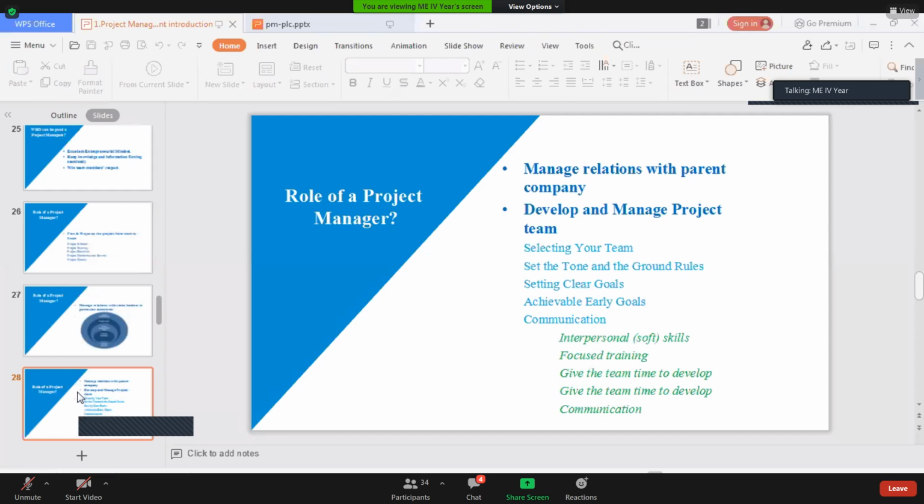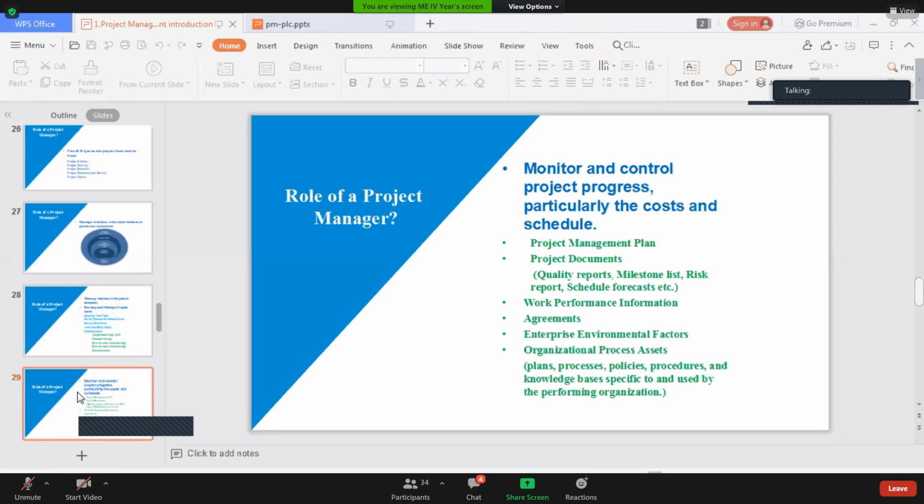This question is there every time in the end exam for 10 or 14 marks. What is the role of a project manager? Several roles and responsibilities. Please read on your own. Then monitoring, controlling, performance information, agreements, contracts, environmental issues, policies, procedures.